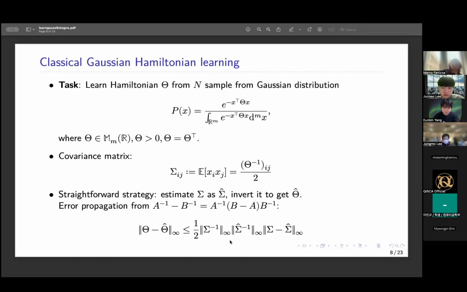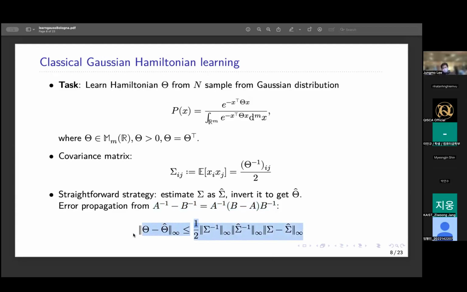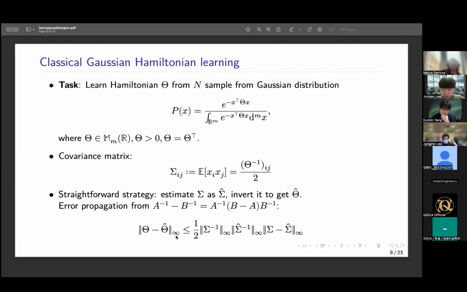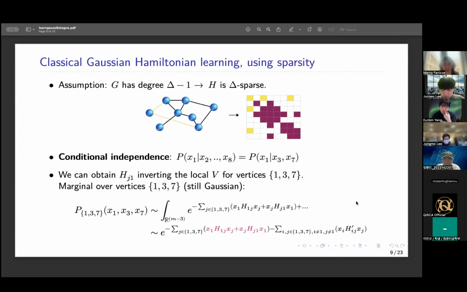So a natural way to estimate the error on the precision matrix is to use this simple linear algebra relation between the difference of the inverses and the differences of the original matrices, which, using submultiplicativity of the operator norm, gives this inequality that allows one to bound the operator norm error on theta in terms of the operator norm error on sigma. However, this is not the smartest thing to do, and one can do better by using the sparsity assumption.